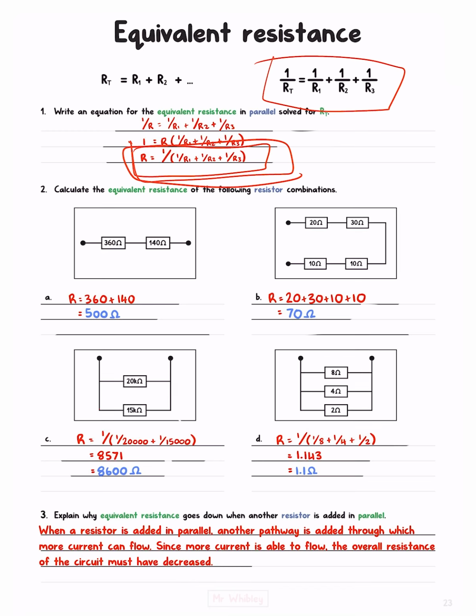Even though we've added a resistor, more importantly, we've added a pathway, and it doesn't matter how bad this pathway is, it still counts as another pathway, another hole in the bucket, meaning that current can flow down this path that previously couldn't, and so we must have more current flowing, which means we must have less resistance.